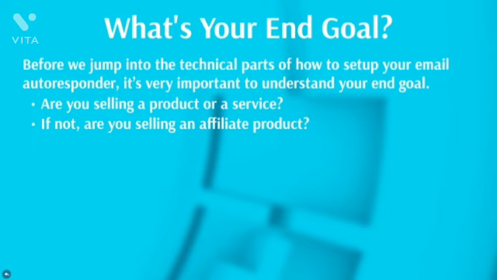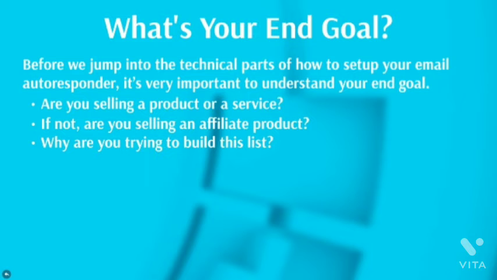Now, if you're selling a product, obviously you could sell an affiliate product in the long run or vice versa. You really just want to get an idea of what your end goal is now, and what your future end goals could look like is fine.